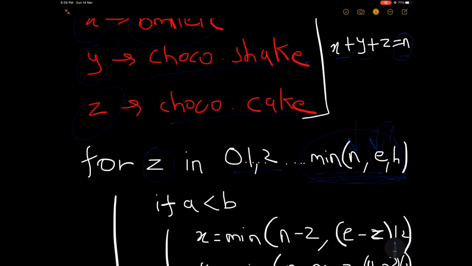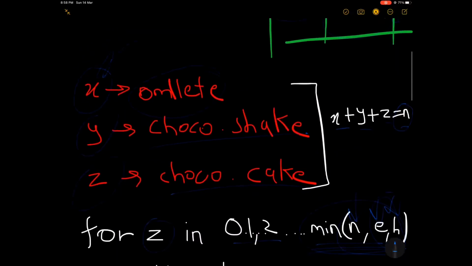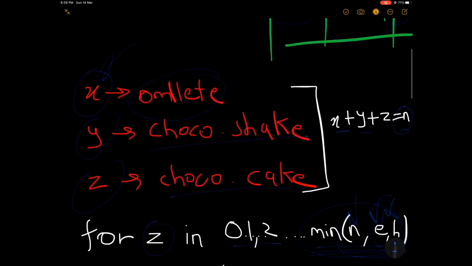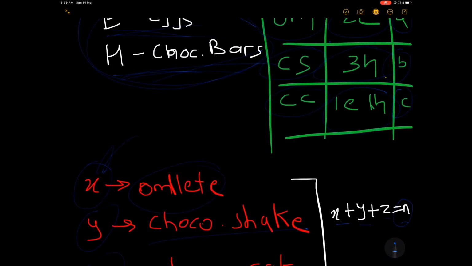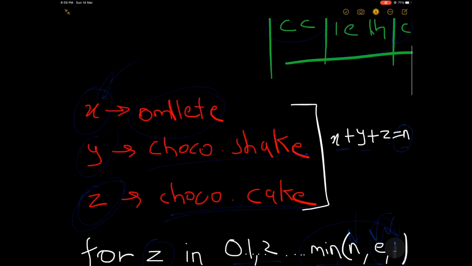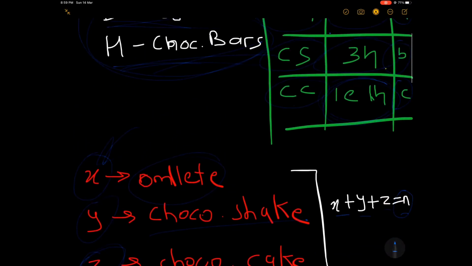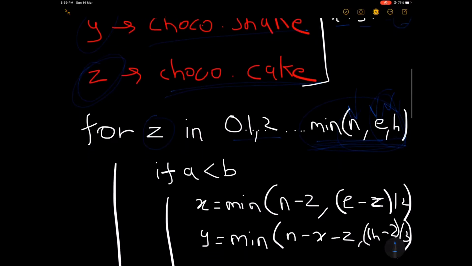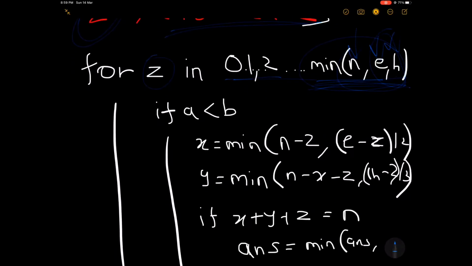If a smaller quantity of egg e or h is there, because we have the constraint that there are at most E eggs and at most H chocobars. The chocolate cake means Z number of people take chocolate cake. It requires 1 egg and 1 chocolate bar. So therefore we are writing the minimum of n comma e comma h, whichever is minimum, we'll iterate over 0 to that.